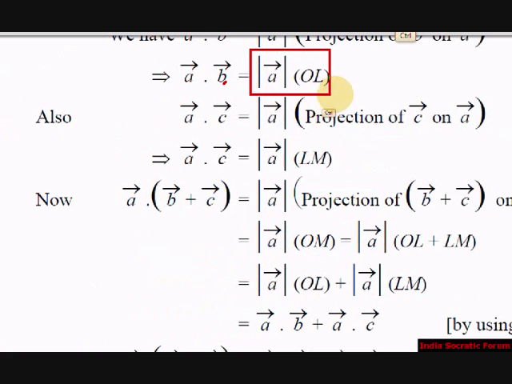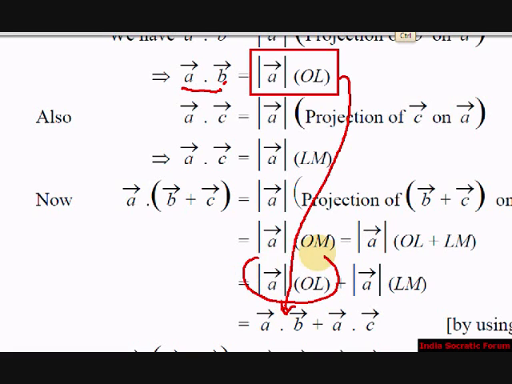We found A dot B is modulus of A into OL, so we substitute this here. Likewise, we found A dot C vector as this, so we substitute this component here.